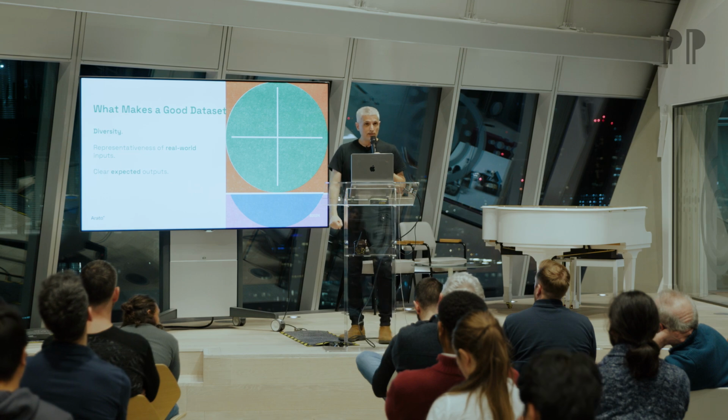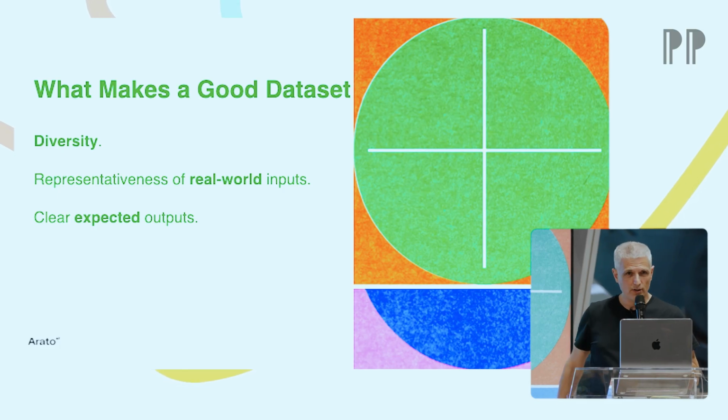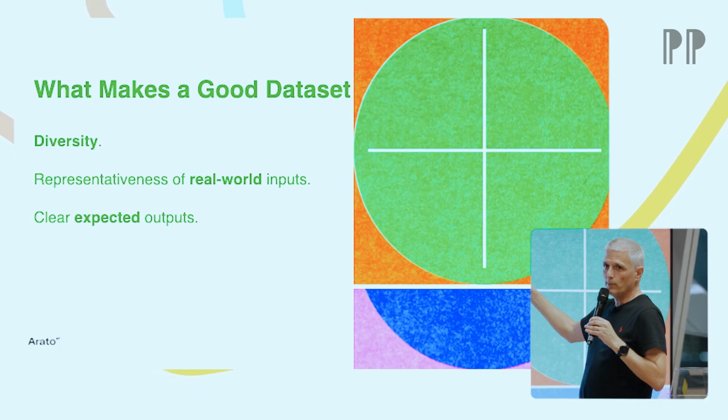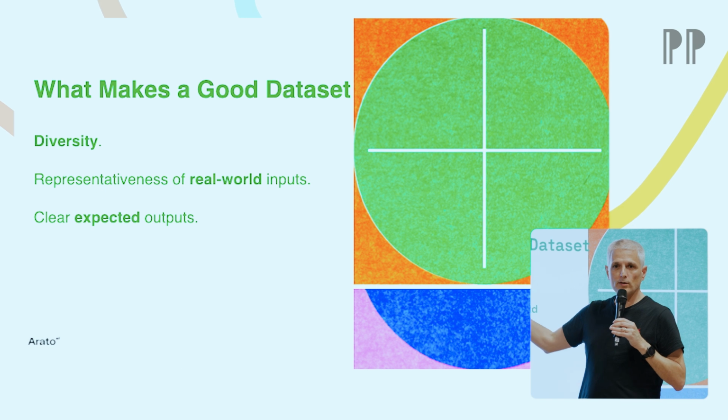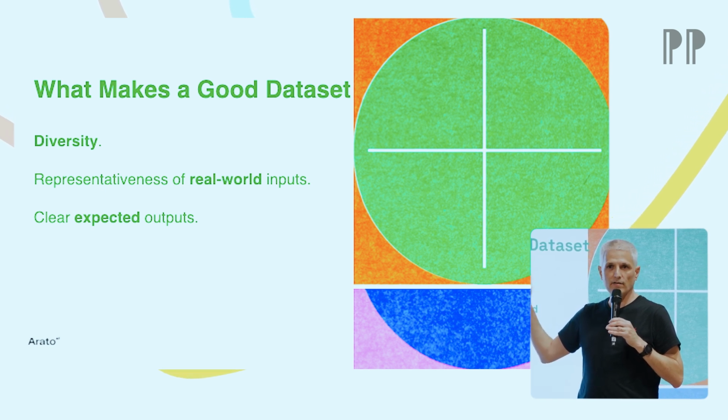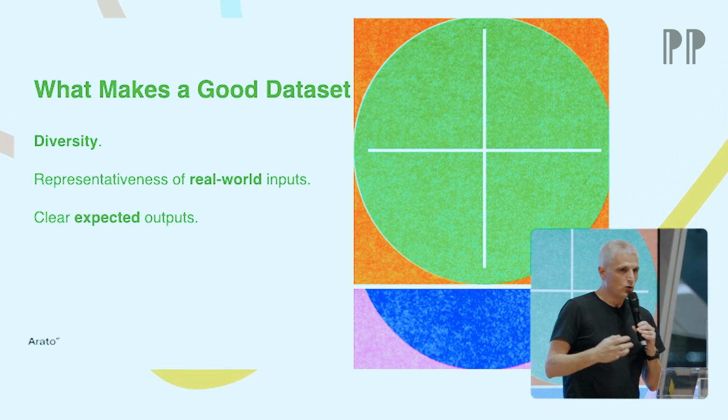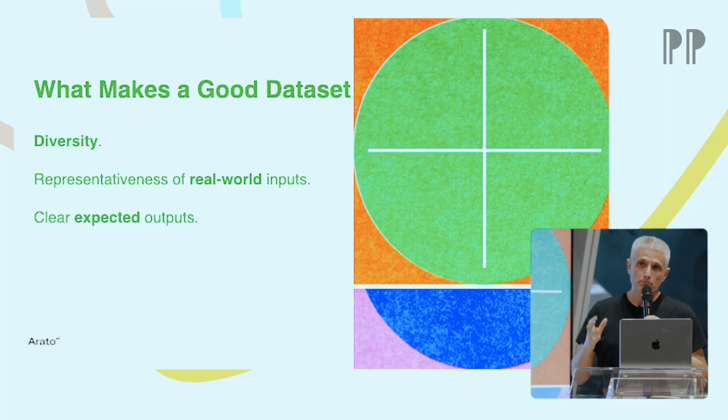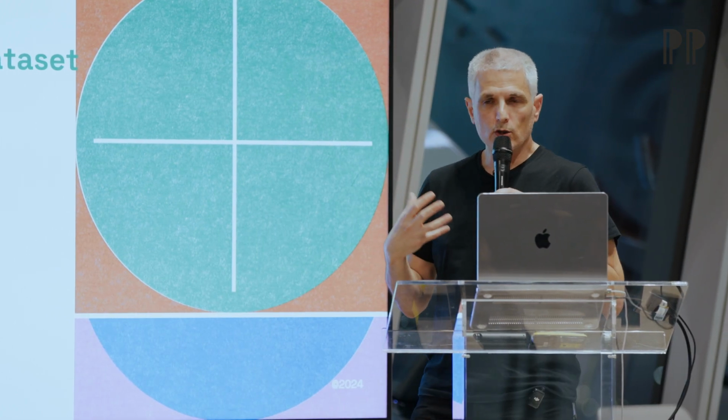So we need a data set. And Maxim also mentioned it, and I will repeat it because this is probably one of the most important things in the eval world. We need to have diverse input that, by the way, unlike traditional software, where we had a few unit tests with a very simple input and output, here, since we don't know what to expect, we need the input to be very diverse.